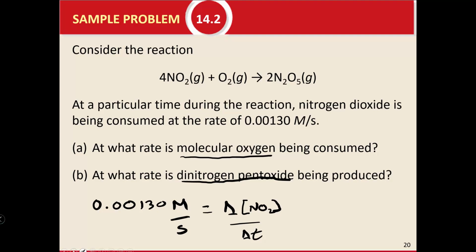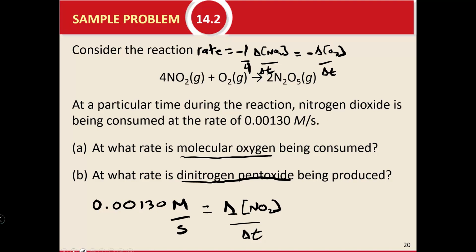So what I would do on this problem, just starting off, I would write rate of reaction is equal to negative 1/4 the change in concentration of the nitrogen dioxide over the change in time. And then I would say that's equal to negative the change in concentration of the oxygen over the change in time.